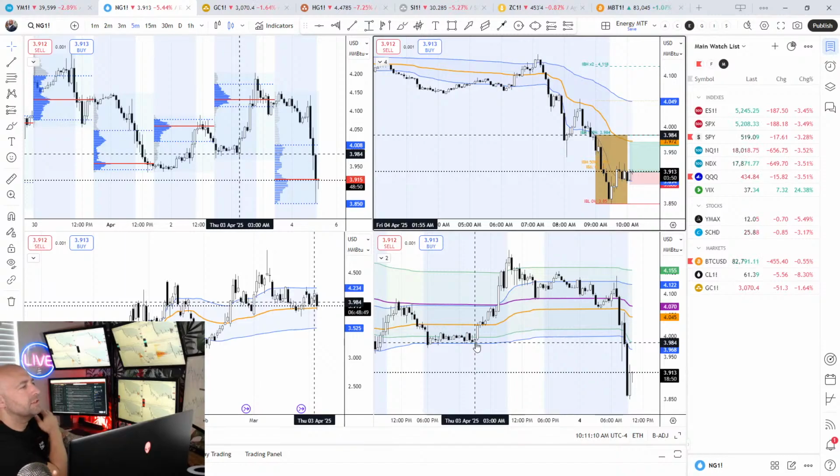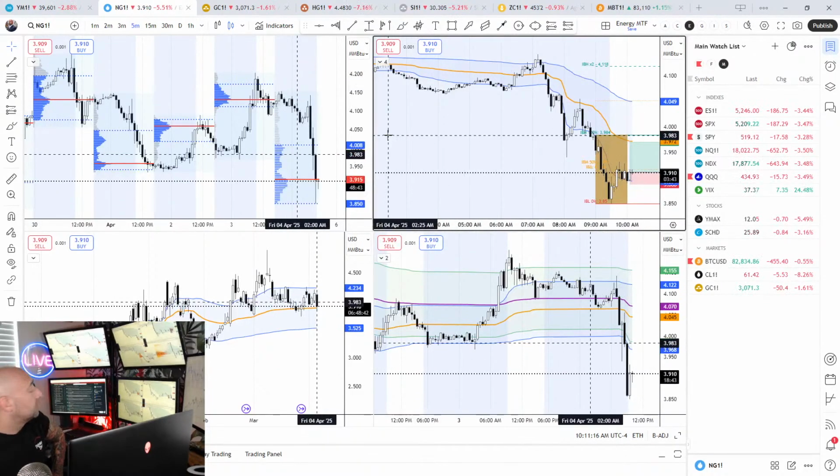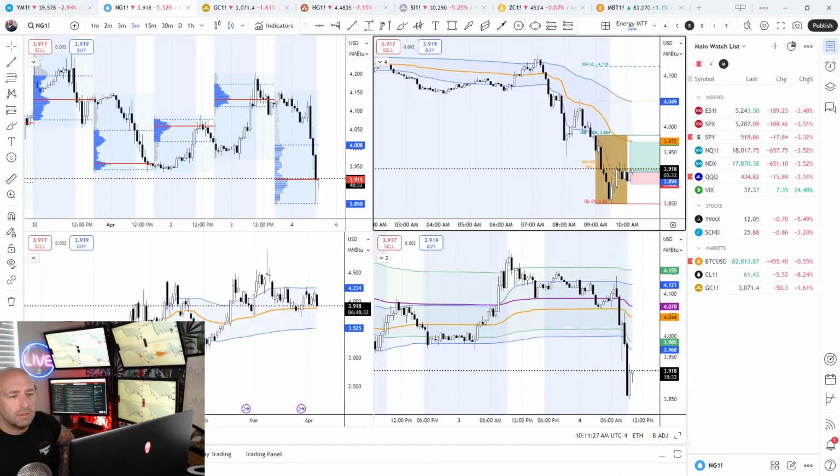It's the return to value setup. Now it's battling with IB mid here. Order filled. I'll take 2 micros here.